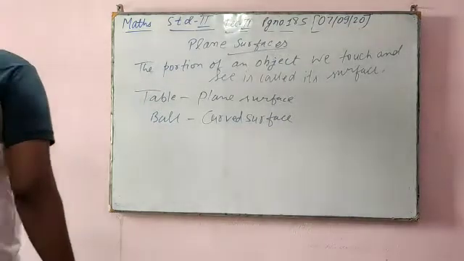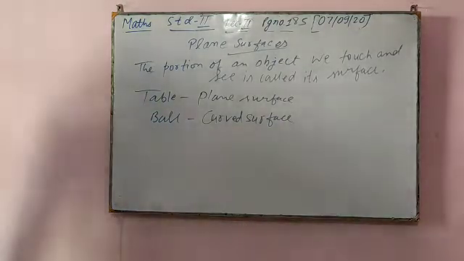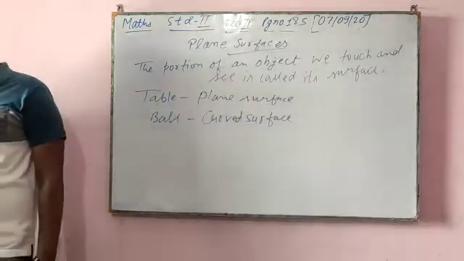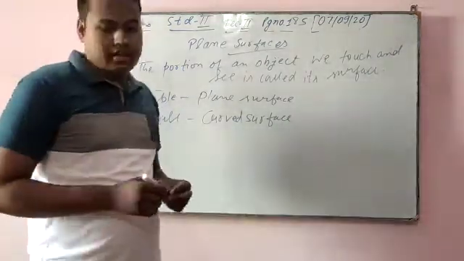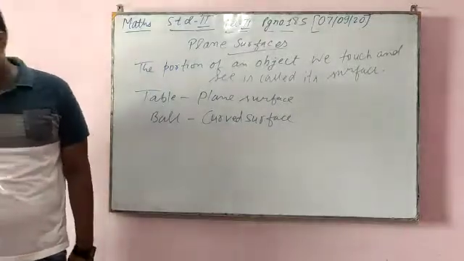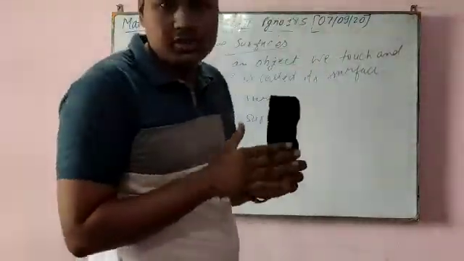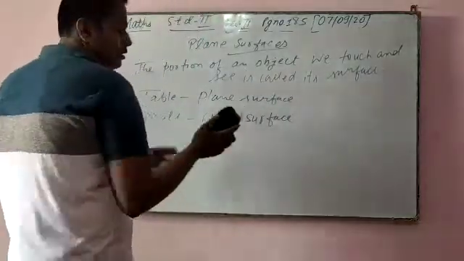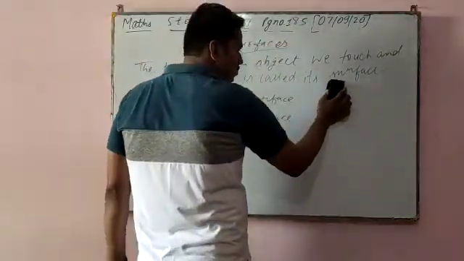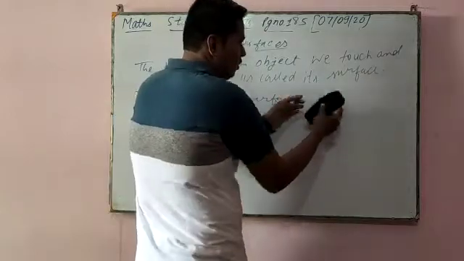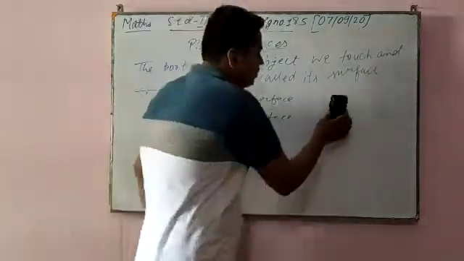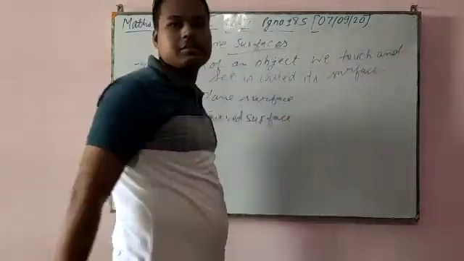Plane surface means we see that a rod touches the surface. Take this duster part as a rod, like a scale. When I touch this board, all of this part touches, so it is known as a plane surface.